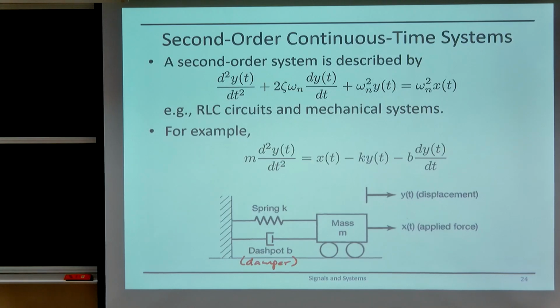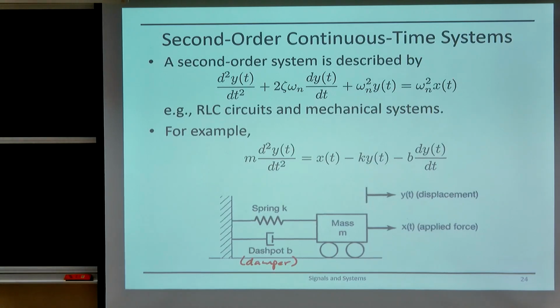Now, for this second order system, we can look at its frequency response. We can obtain the frequency response by taking the Fourier transform on both sides, and then moving things around to get the ratio of the transform of y over the transform of x.